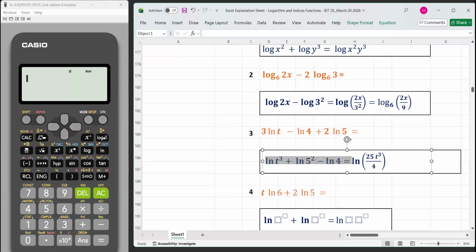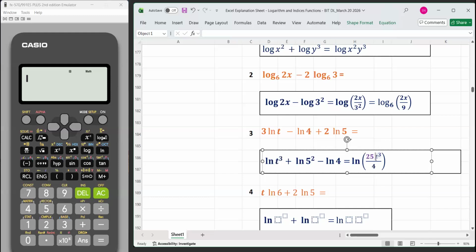Now I took the first 2. You remember that these first 2 are being added, and if they are being added, it means we must multiply them. So t raised to the power 3 times 5 squared. Now 5 squared will give you 25, that gave me the 25 here, and then t raised to the power 3 multiplies it.